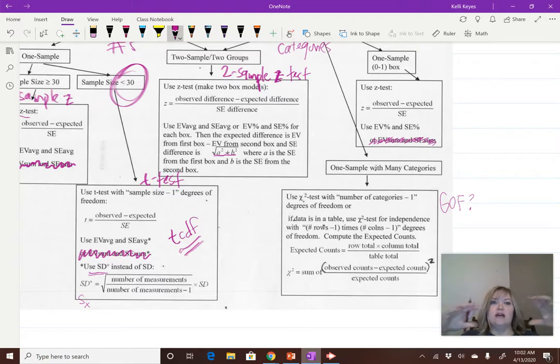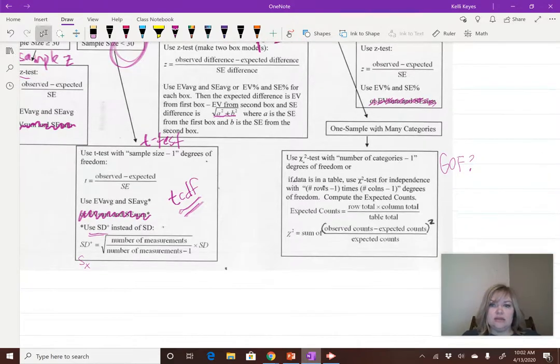If you test that, that's just one thing. If it's multiple things, then it's going to be independence. So if you're looking at pace, this would be the easiest one to figure out: do these two variables depend on one another, or do they not? That's how you know it'd be independence. Goodness of fit is, does it fit this model or not? Hopefully those are easy to figure out.